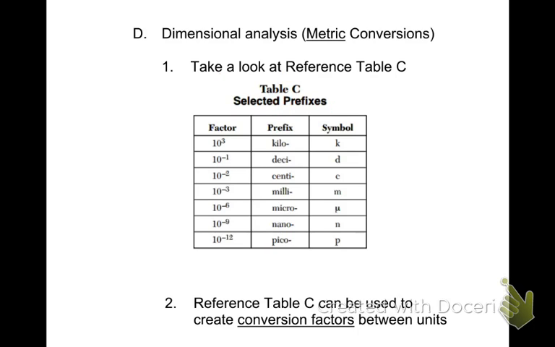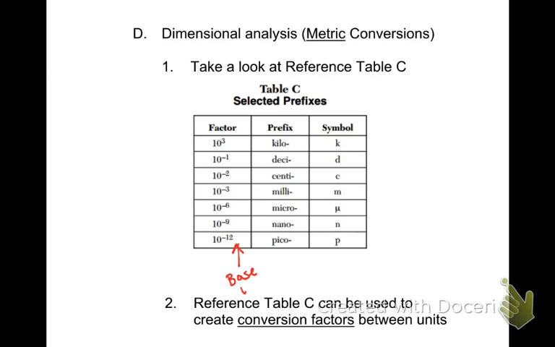So let's take a look at how to use this. On reference table C, you want to place your base unit after the factor to make a conversion factor that we can use to go from a base or fundamental unit to a unit that now has a prefix.